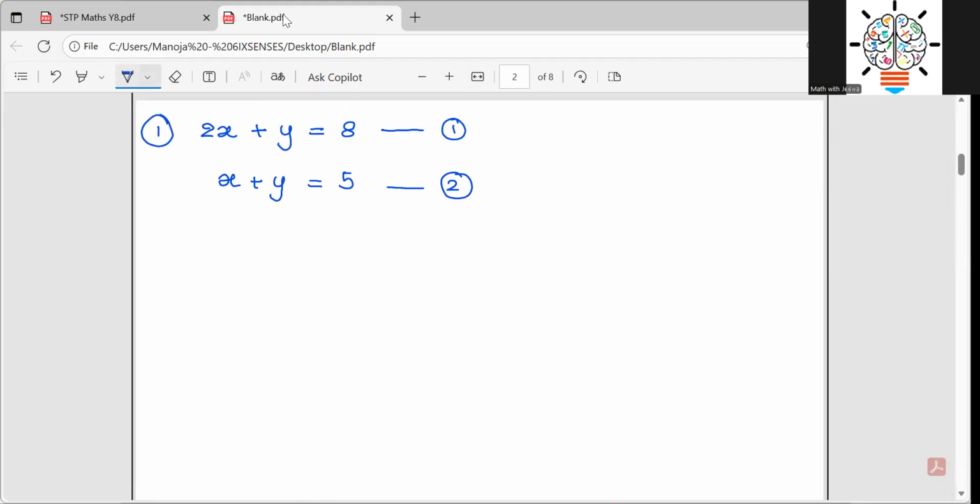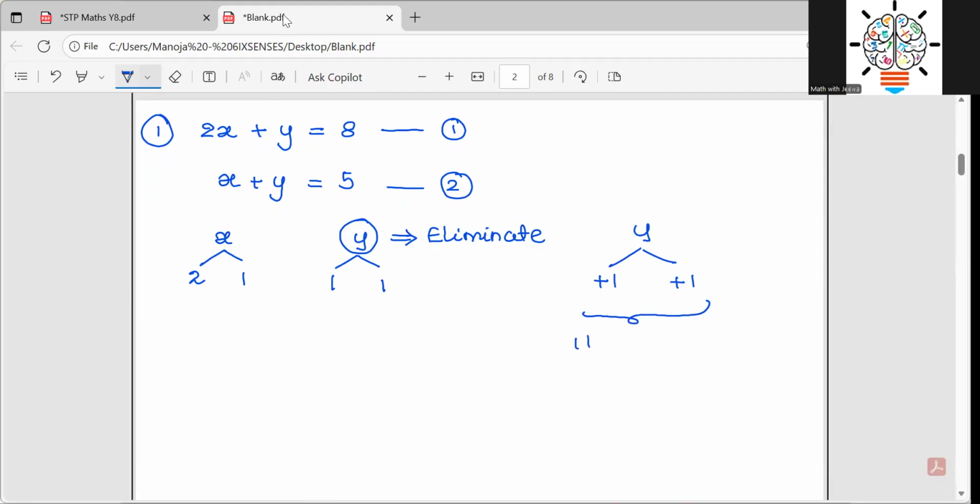I number them and I write the coefficients 2 and 1, and the coefficients 1 and 1. I can eliminate y, right? After that, I check the sign, plus 1 and plus 1. That means we need to subtract because we have the same sign.